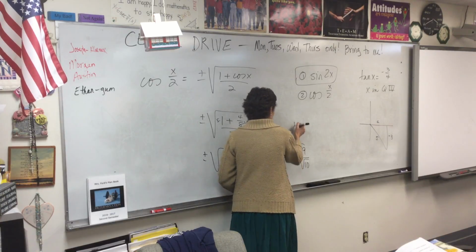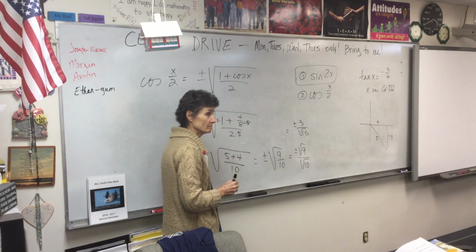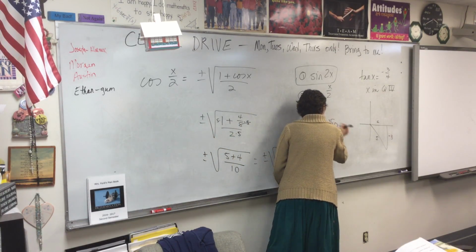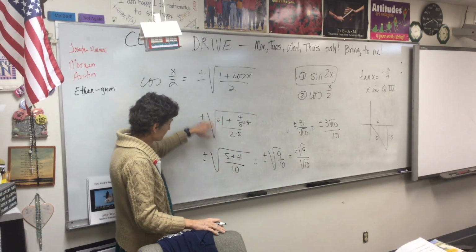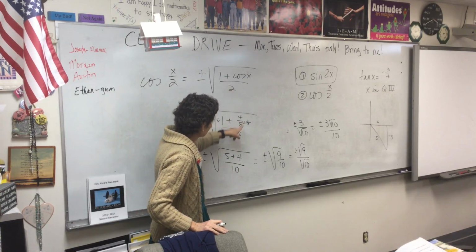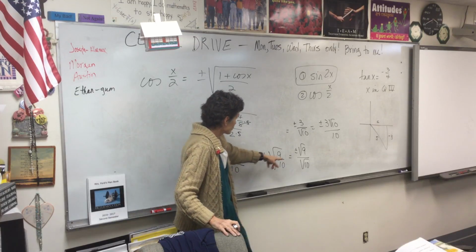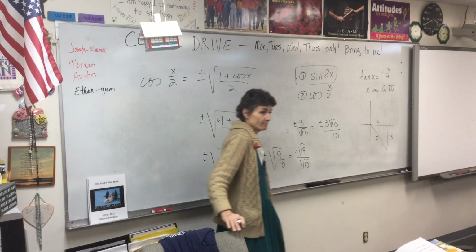Which is plus or minus 3 over the square root of 10. Which is plus or minus 3 root 10 over 10. Okay, everybody follow all that? There's my formula. Plugged 4/5 in for the cosine. Cleaned it up, got 9/10. The square root of 9/10 is 3 over root 10, which is 3 root 10 over 10.